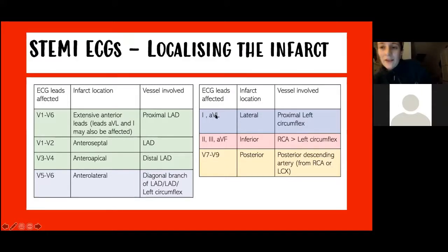And depending on which leads are involved, you can take a good guess at which vessel is involved. I'm not going to read this off to you, that's really boring. And we're already at 25 past, so I'm not going to make this session drag on. But yeah, take another look at this, and when it comes to revision, just get your head around which leads affect which vessel is affected.